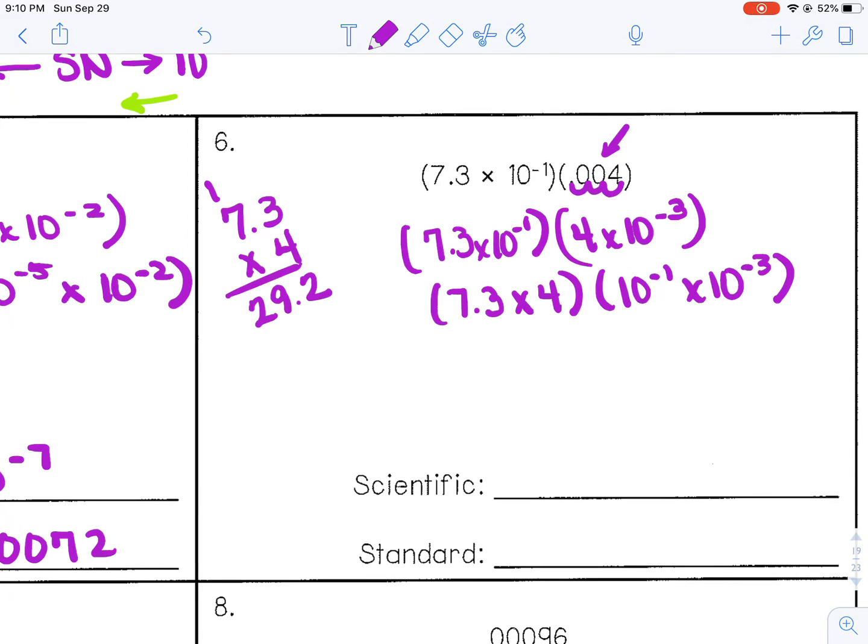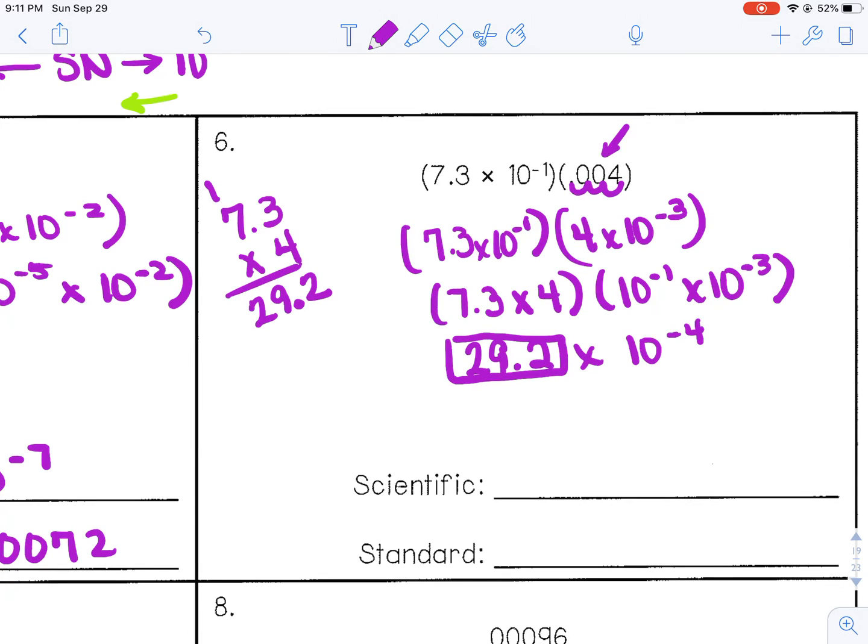And put my decimal in there, and look, we've got another problem. Okay, so I've got 29.2 times 10 to the negative fourth power, because negative 1 plus a negative 3 is negative fourth. Do you see what the problem is? Okay, this is not in scientific notation.